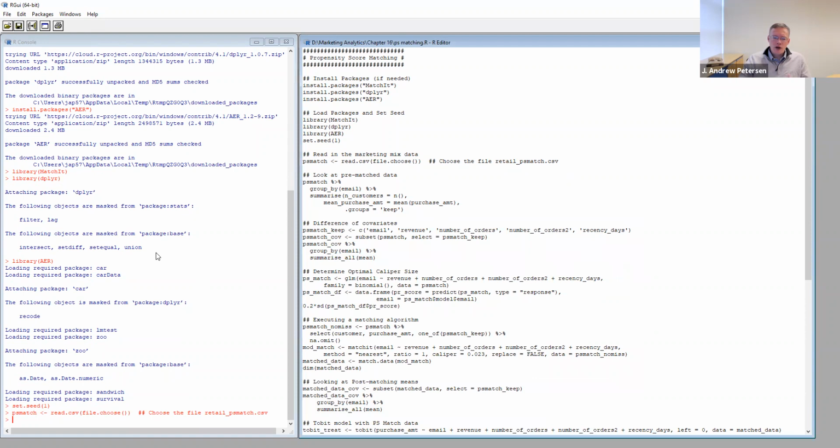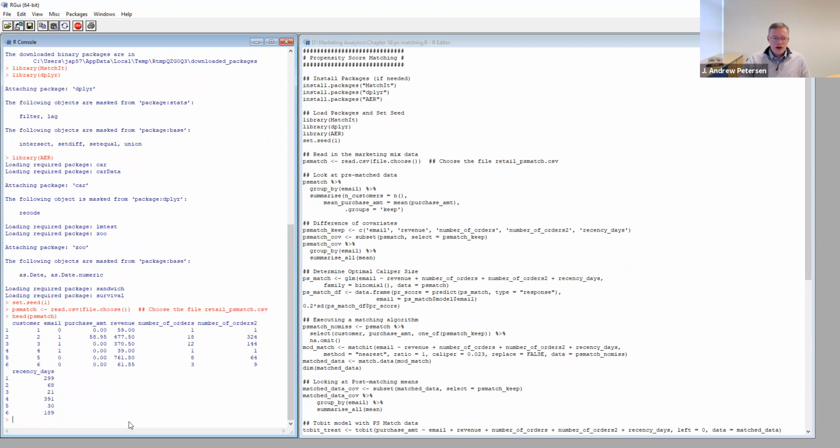And as per usual, we can go over, click in the console window, and type head PS match. And this will show us some of the data. We see the first 6 customers. We see a dummy variable of whether we have their email or not. We see if they purchased in the campaign period, and how much they spent. Before the campaign, so this is the 2 years before the campaign, what was their total revenue in that time, how many orders?